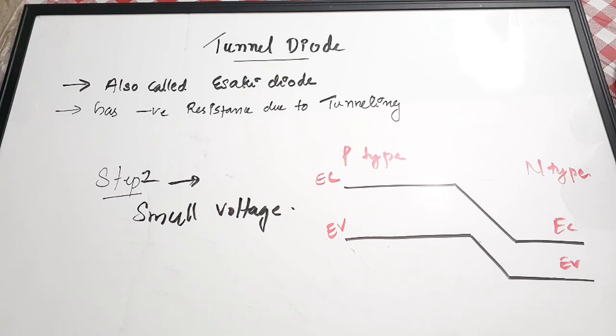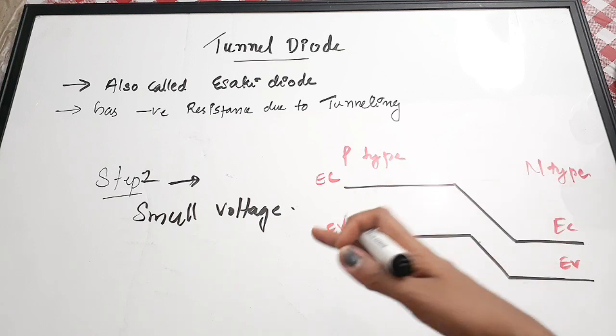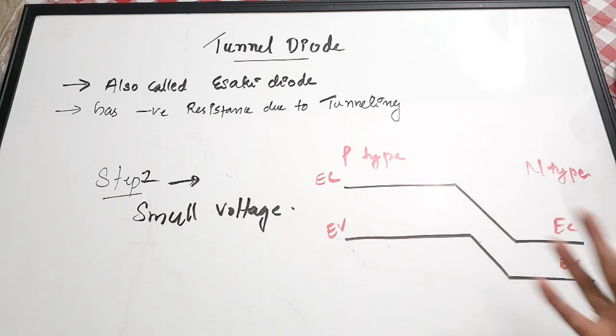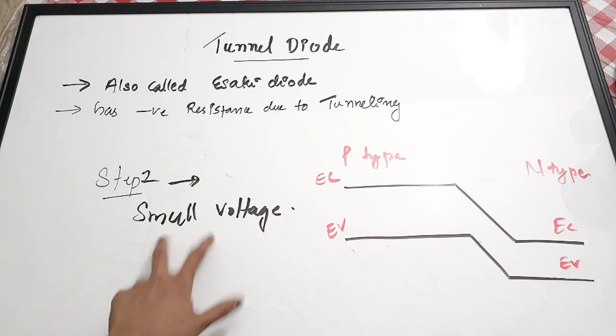Now what will happen when a small voltage is applied? The electrons from the conduction band of the N-type material will tunnel to the valence band of the P-type material, and which will create a small current. Okay, so this happens during step 2.